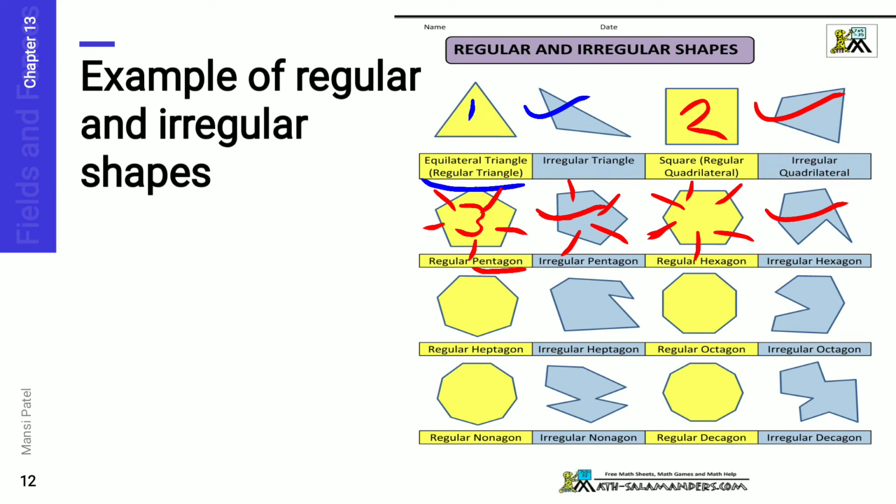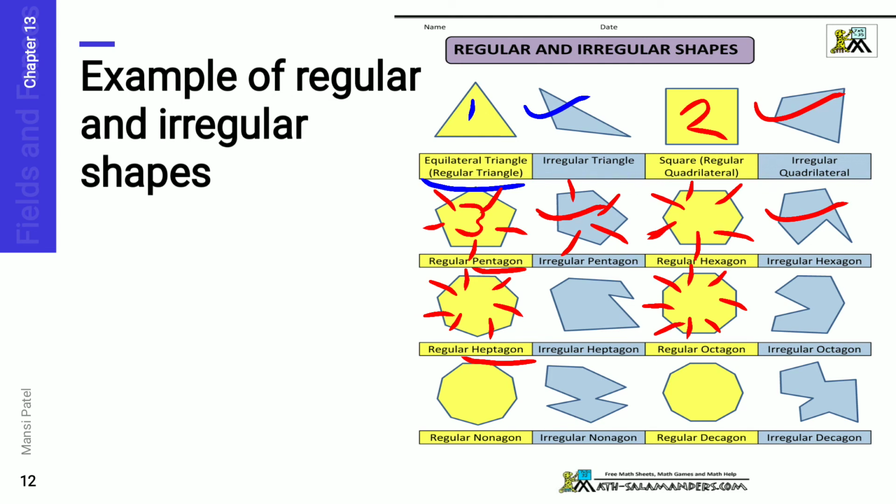Now, if any shape has seven sides, 1, 2, 3, 4, 5, 6 and 7, then it is known as a heptagon. If any shape has 8 sides, 1, 2, 3, 4, 5, 6, 7, 8, then it is known as an octagon.